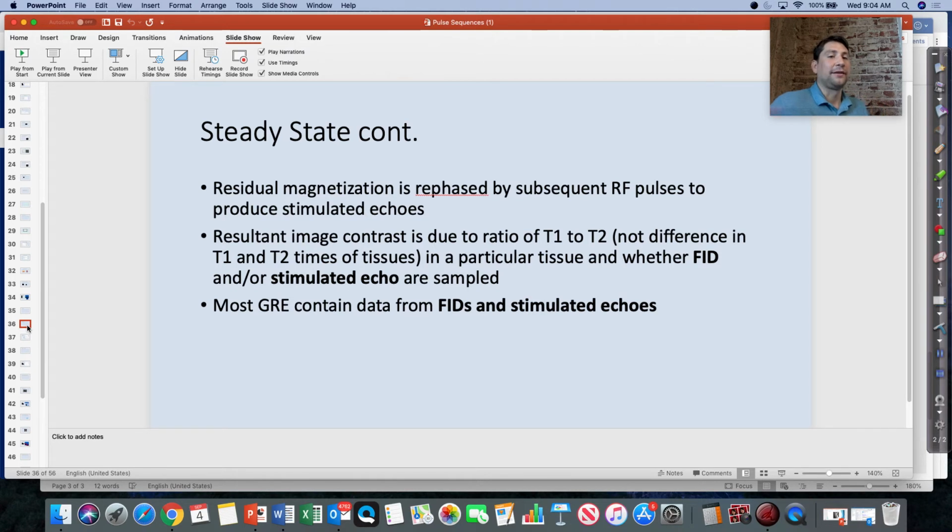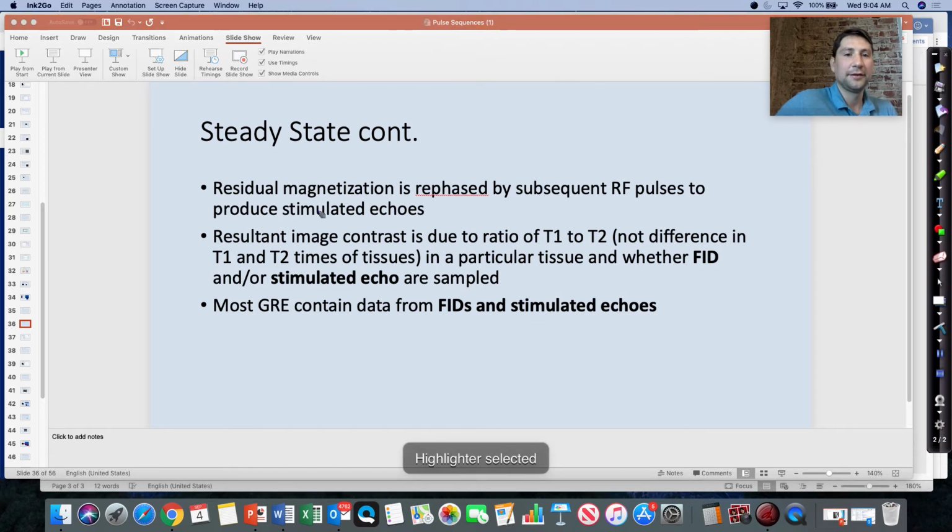That residual magnetization that stays on the transverse plane sometimes gets spoiled, meaning it just decays real quick, or sometimes it gets rephased. Anytime it's rephased, it's called a stimulated echo. This is a big term with gradient echo: stimulated echo. If you see that term, always associate it with gradient echo pulse sequences.